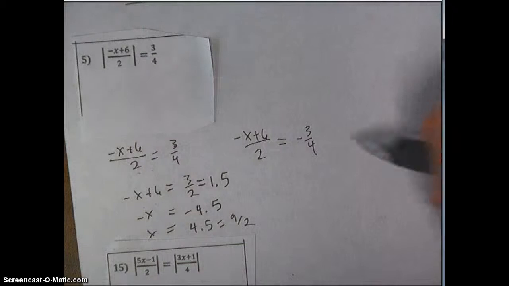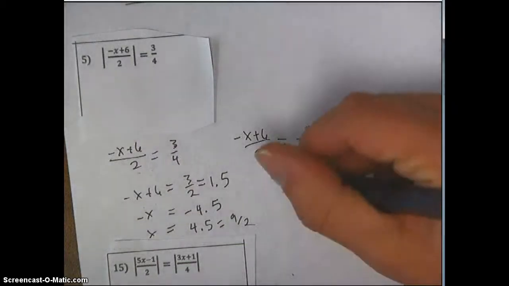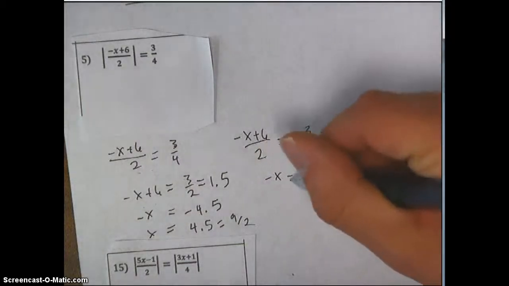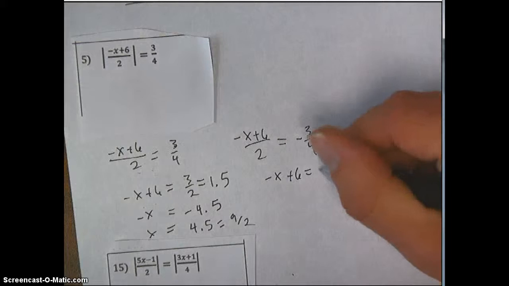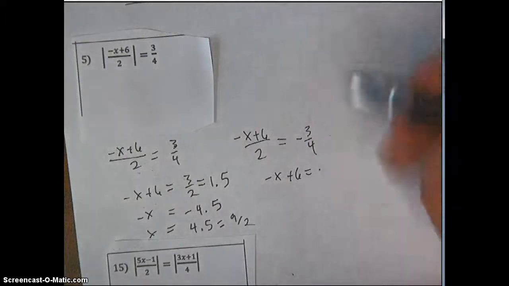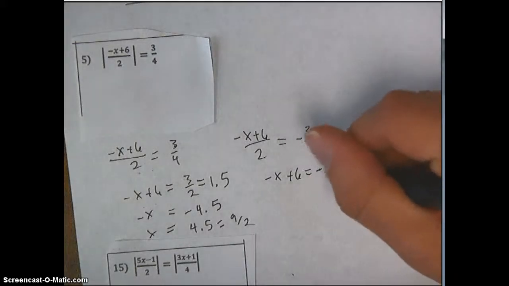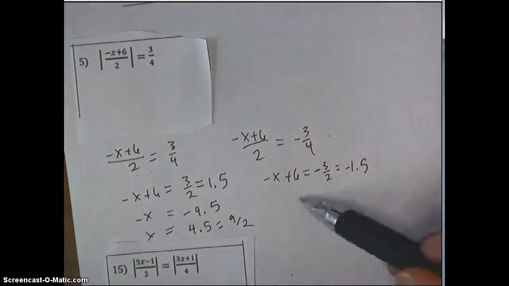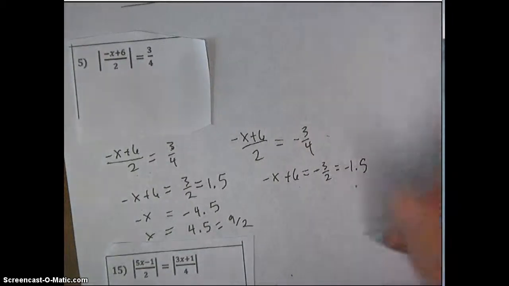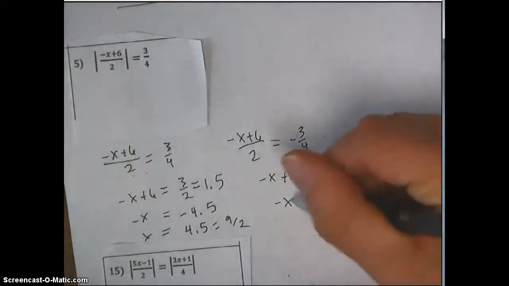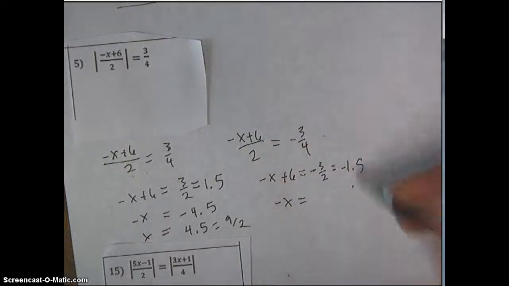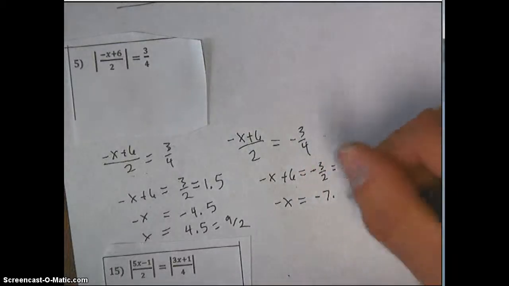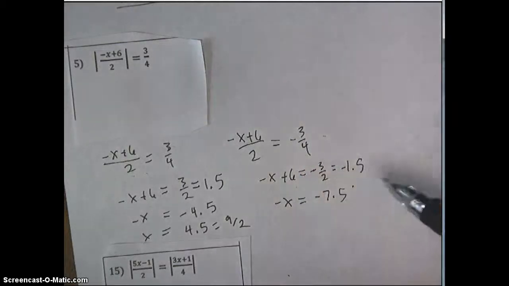This one, same process, multiply by 2 on both sides, so negative x plus 6 equals negative 6 over 4, or negative 3/2, or negative 1.5. Now I'm going to subtract 6 from that. Negative x equals negative 7.5, because I subtracted 6.